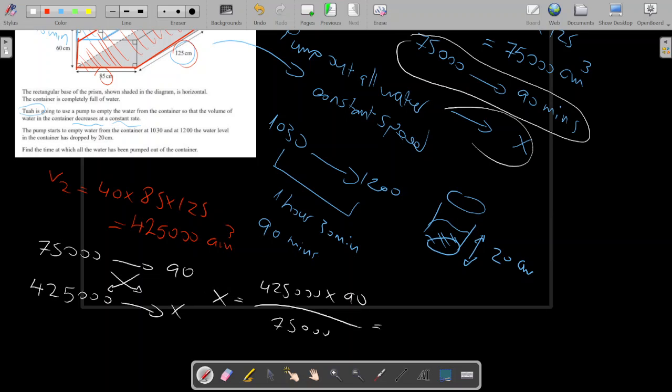I'm going to do a quick calculation. 9 by 5 is going to be equal to 45, and this is the result. It's going to be equal to 38,250,000 over 75,000. I'm going to double check, but I think it's correct.